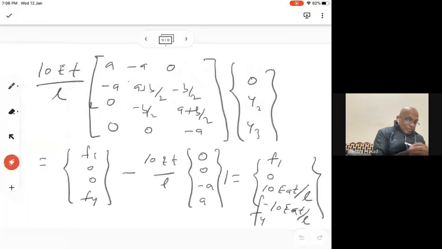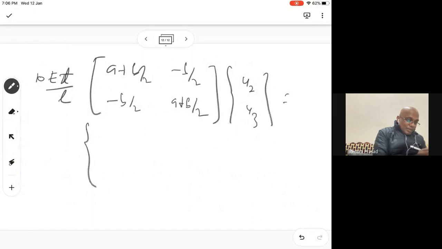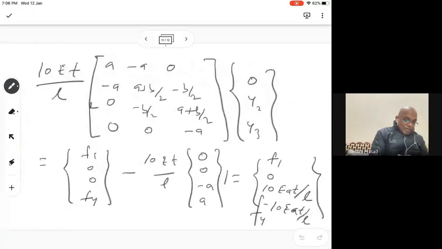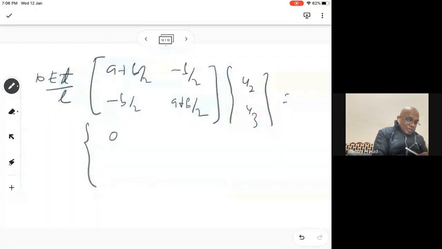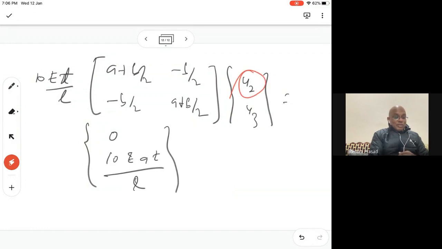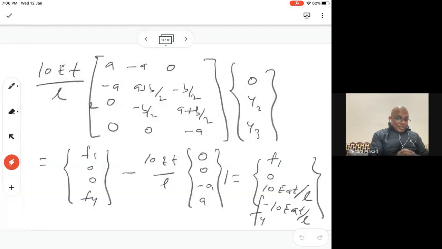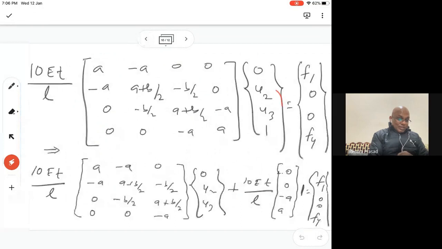So this multiplied by U2, U3 is equal to 0, 10 EAT over L. And then you can solve this and find out the values of U2 and U3. Then you put U2 and U3 in the original equation, and then you can find out F1 and F4.